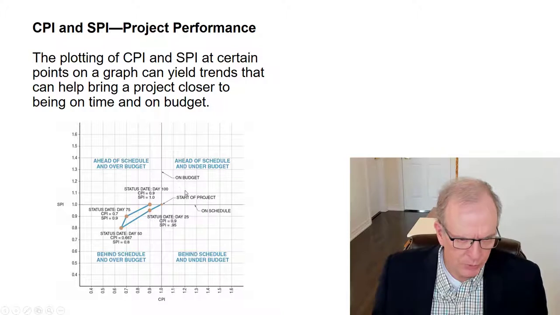And so if you're in this area, you're ahead of schedule and under budget, ahead of schedule and over budget, behind schedule and over budget. In this case, you were able to bring it back from a schedule perspective because you got it up to 1, but from a cost perspective, you weren't able to get it back to the budget.